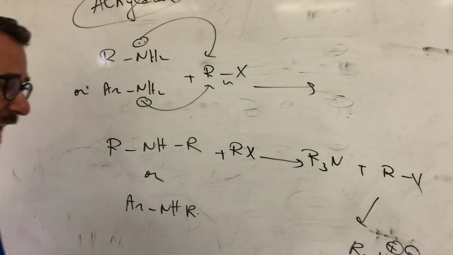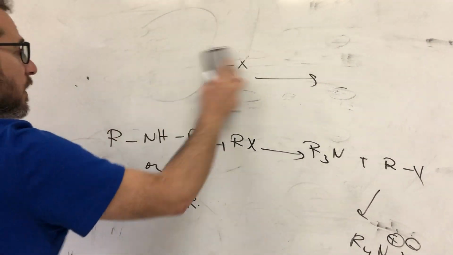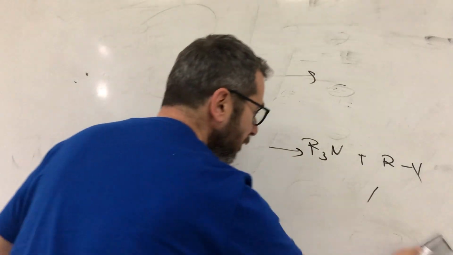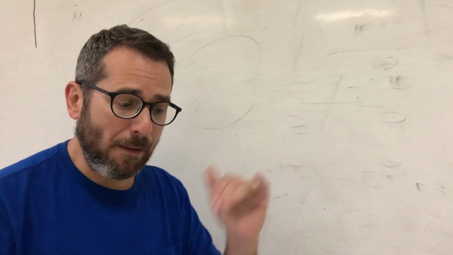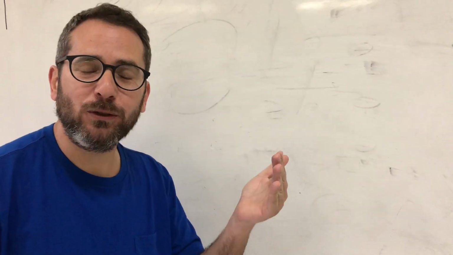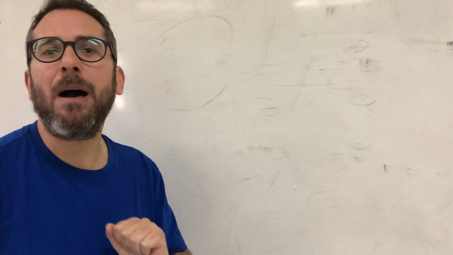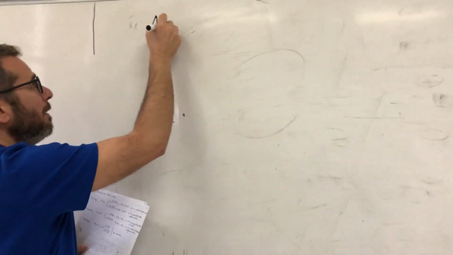We move to reaction 3. It is the opposite of Hofmann. In Hofmann, we have seen how to transform amide to amine. Now we will see how to transform amine to amide.